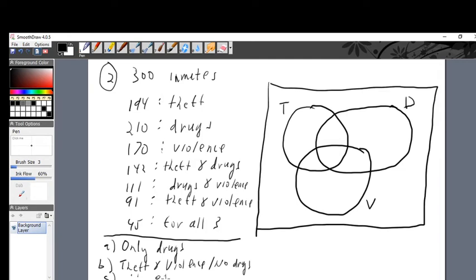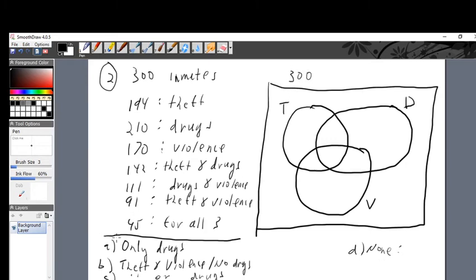Theft or drugs? And D, which I guess I'll put over here, D is none. None of these. Okay, so there's a total of 300 on all.